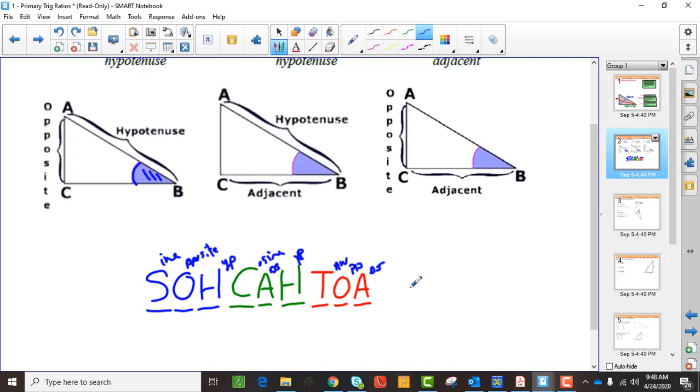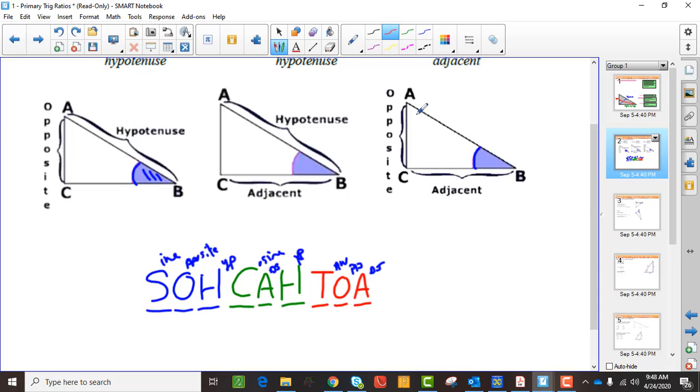So your job in terms of trigonometry is, first of all, to be able to identify what side is which. In other words, where's the hypotenuse, where's the opposite side, and where's the adjacent side in reference to the angle that you're looking at. And it's always in reference to the angle. The hypotenuse is always the hypotenuse. It doesn't change. But the angle that I'm talking about determines the opposite and adjacent side.